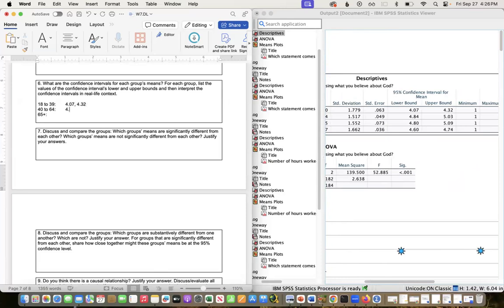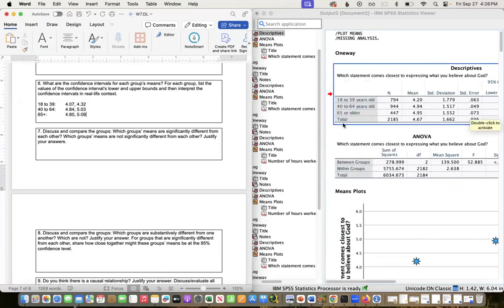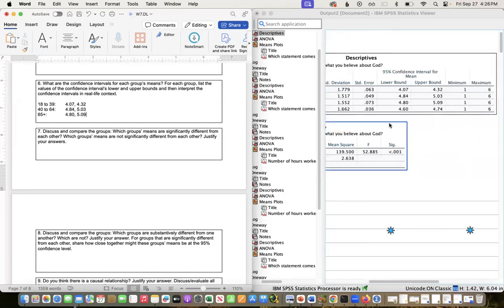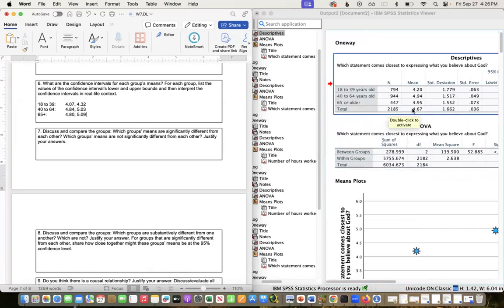That's my lower and upper bound. 4.84 to 5.03, and 4.80 to 5.09. This last one where it says total means for all respondents, across all age levels, that's not a group that we're comparing, that's just the overall group, which you could compare to where the rest are. But we're not including this when we're looking at the group's means.